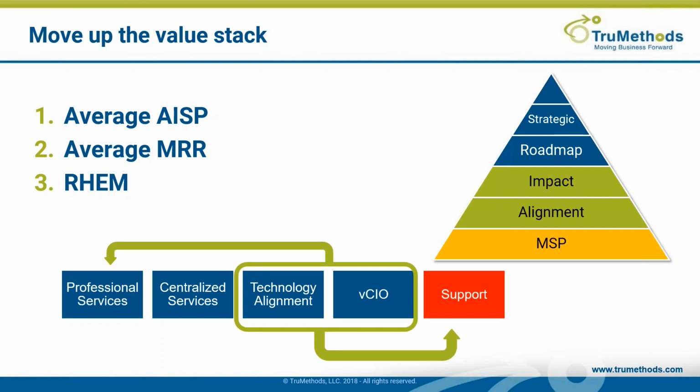And we use that process, we call it your superpower, around alignment and VCIO so that people will take your recommendations, so it drives up your professional services revenue, and it's going to drive down that reactive time or REM. And when that goes down, your average all-in seat price and your average MRR, those two key drivers that drive leverage, are going to rise. And when that happens, noise goes down and those averages go up. It makes a huge change on your profitability and your scalability pretty quickly, Bob.